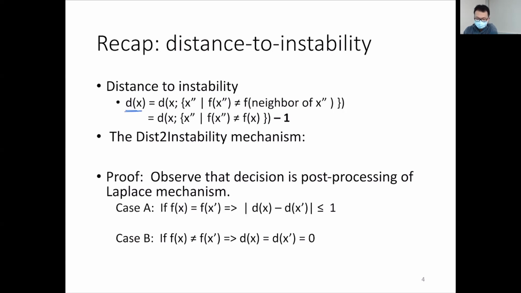So from X to any other data set X double prime that satisfies this condition. So this is a set of data sets. So I just need to find the closest data set within this set to this data set X. For instance, if X has a neighbor that has a different output value, then this distance is 0.